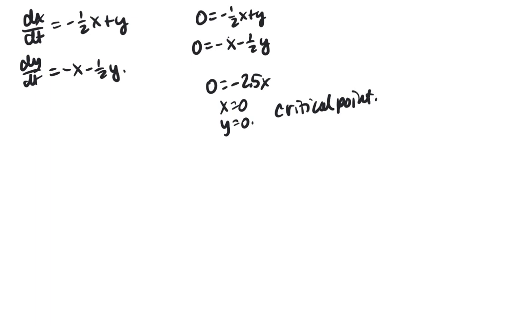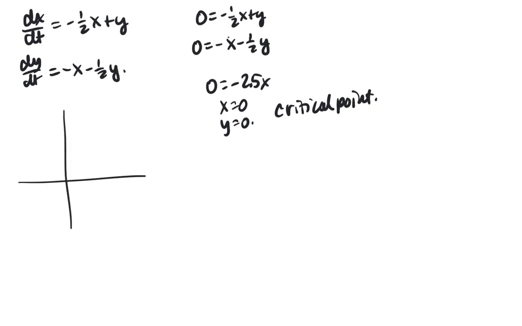Let's take a look at the phase plane and see what it looks like. So I have negative 1/2 x plus y for the x prime, and then negative x minus 1/2 y for the y. And if I look at this, it actually looks like a spiral.